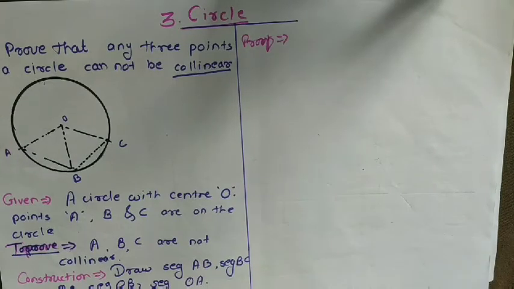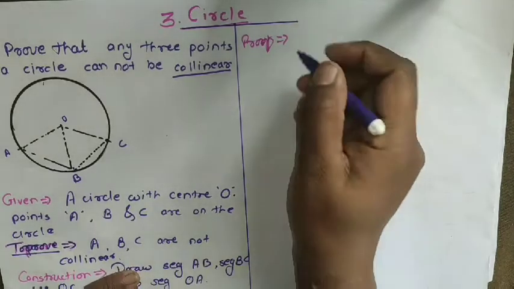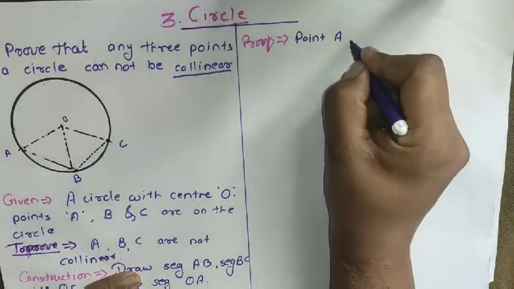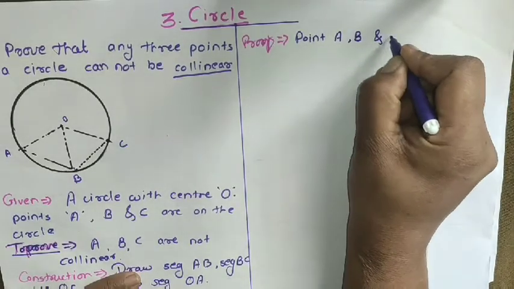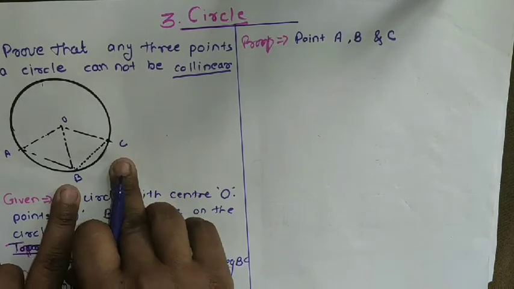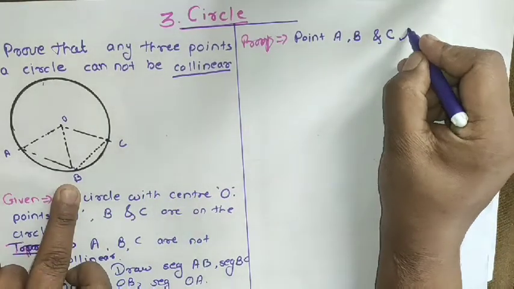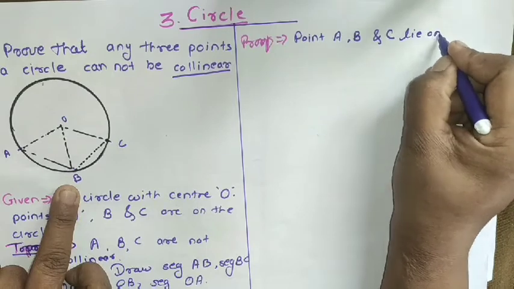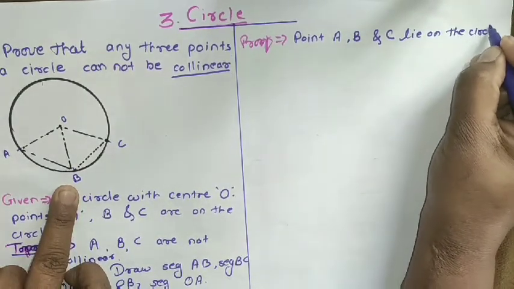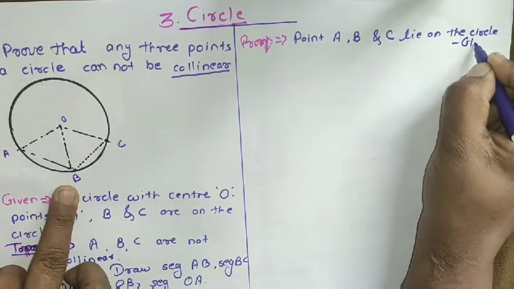So the proof. First of all, we know that these 3 points A, B and C lie on the circle, and that is given.